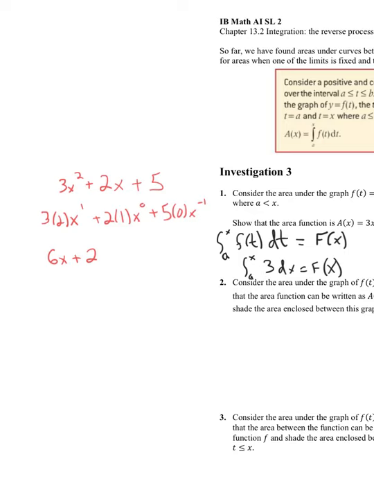Now, if I wanted to integrate that, instead of multiplying by 2, I would divide by 2. I'd say 6 divided by 2, and then I would put a 2 up here in the exponent. When I'm adding a number to an exponent, I want to divide by that number in the lower part. So this would be 2 divided by 1, x to the first power.